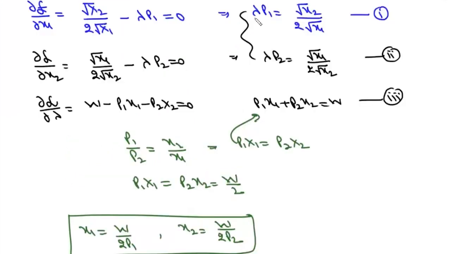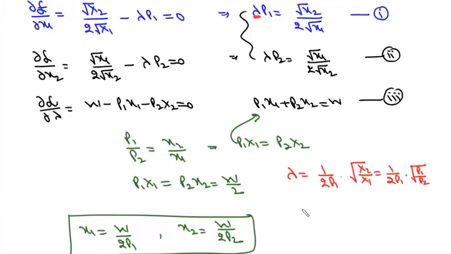Now we can also find the Lagrange multiplier. We can write lambda as 1 upon 2p1 times square root of x2 upon x1. Now square root of x2 upon x1 will be square root of p1 upon p2. So it will be 1 upon 2p1 into square root of p1 upon p2.